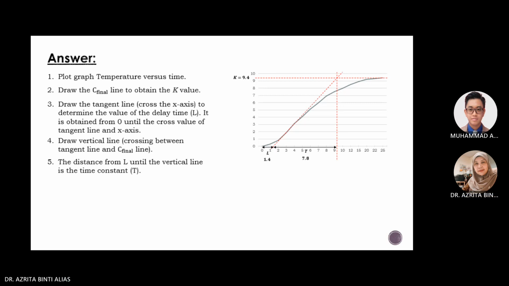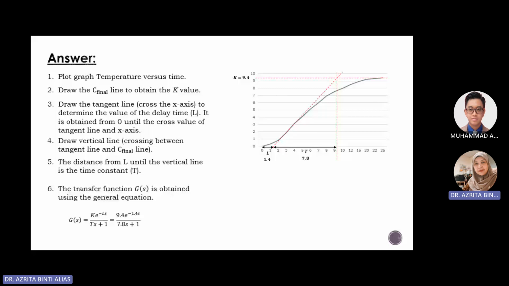After we obtain all these values, K, L, and T, you can determine the transfer function of this system using the general formula.